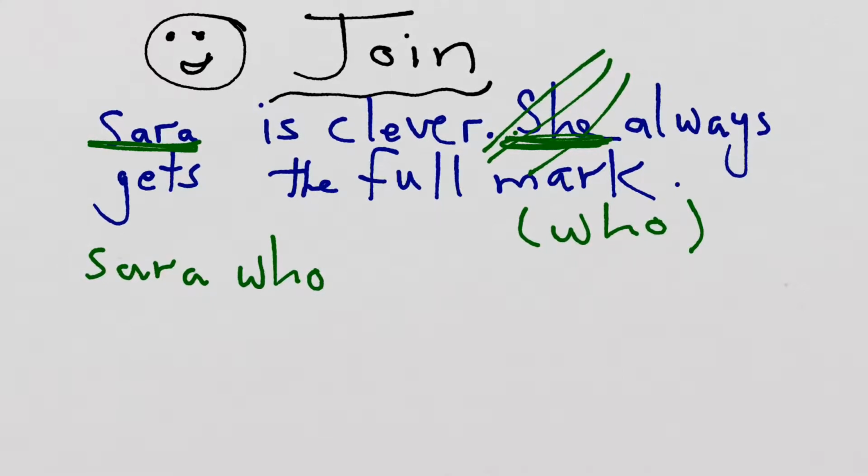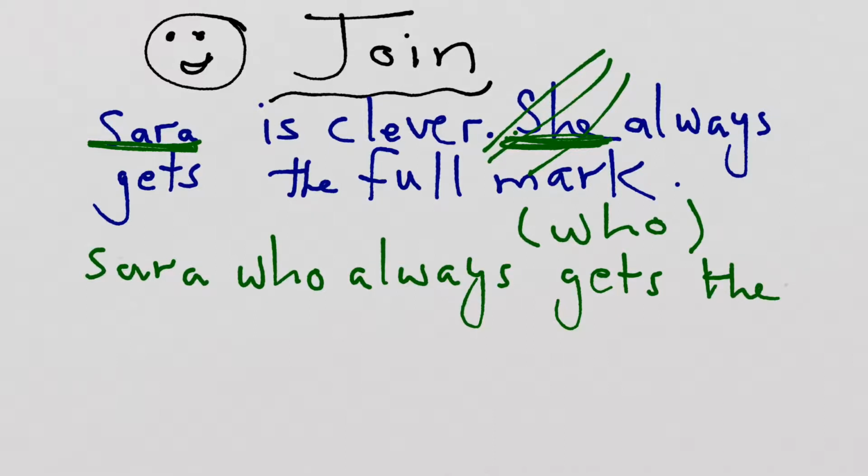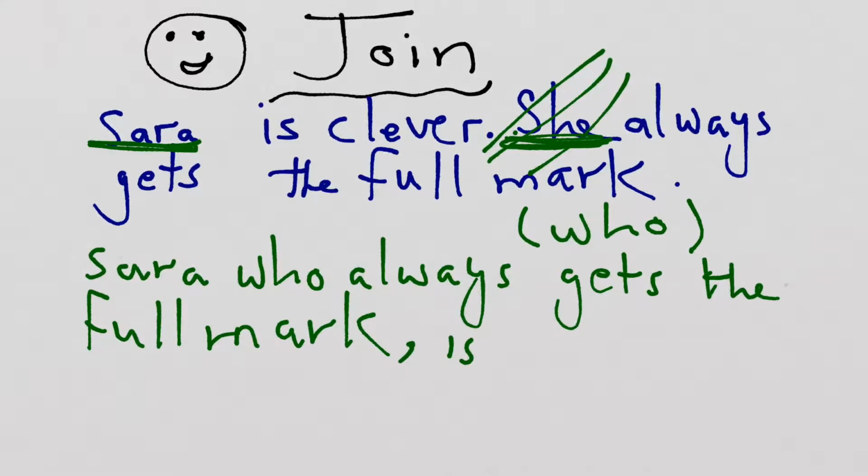Complete the second sentence: always gets the full mark. Then return back again to the first sentence to complete it: is clever.